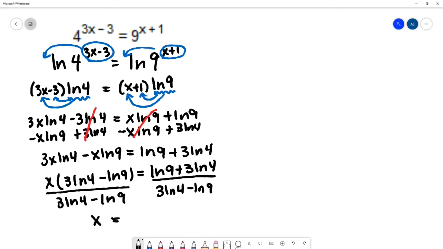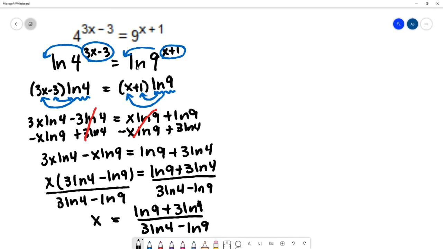That gives x equals natural log of 9 plus 3 natural log of 4 over 3 natural log of 4 minus natural log of 9.